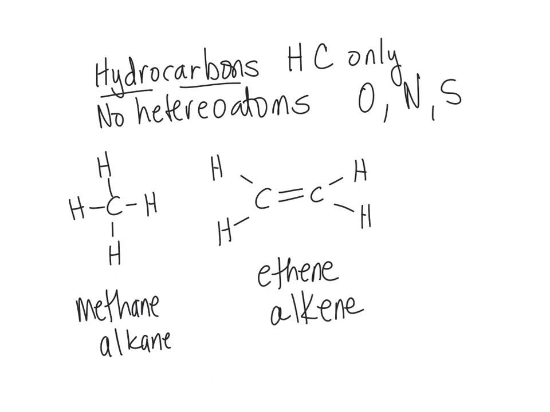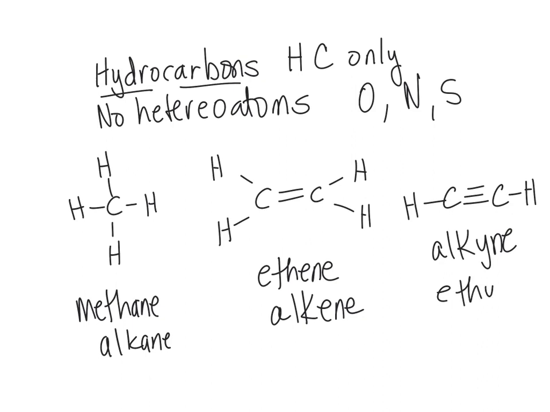A ripening reagent is a compound, a gas that's given off by bananas and tomatoes to turn tomatoes from green to red. And this is an alkyne, and this is ethyne.